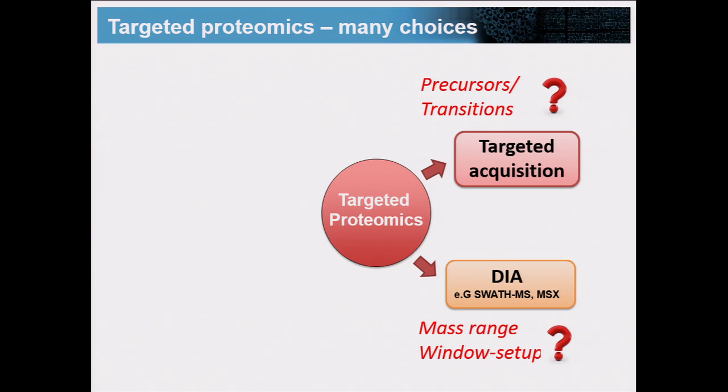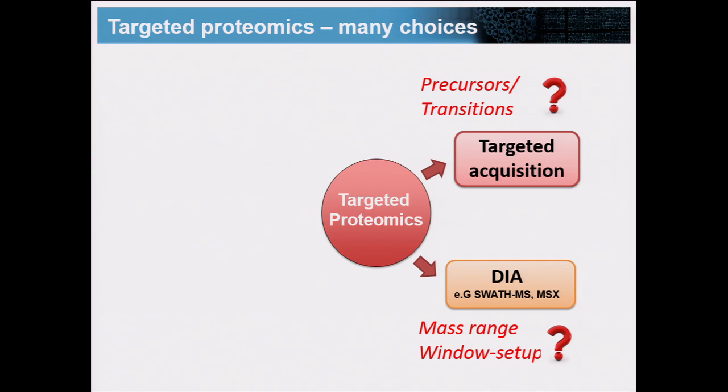So in this talk, we tried to cover a little bit about the different choices that you can make in targeted proteomics. The first one is, of course, how you want to acquire the data, whether you want to do targeted acquisition or data-independent acquisition. And this already entails different choices, the precursors or the transitions that you want to measure, or the setup that you want to use for data-independent acquisition.